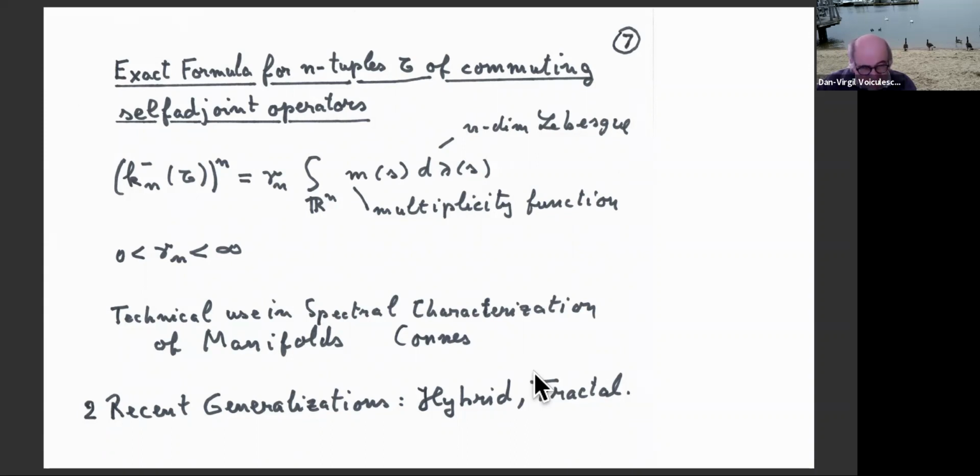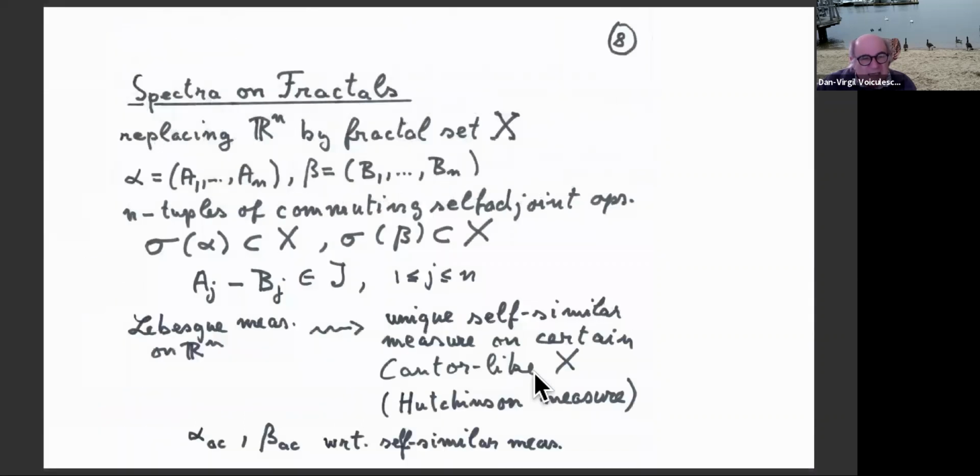And what I want to talk about today is two recent generalizations. One to the hybrid case, and the other to the fractal case. I'm going to explain what this means.